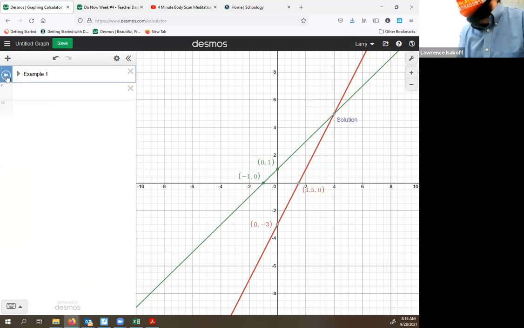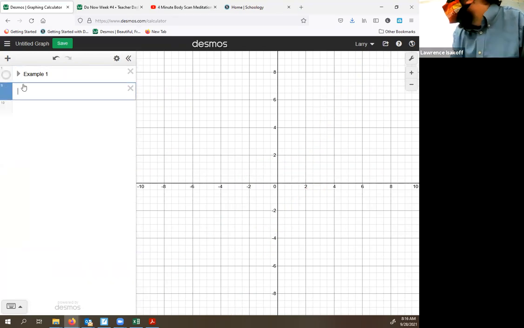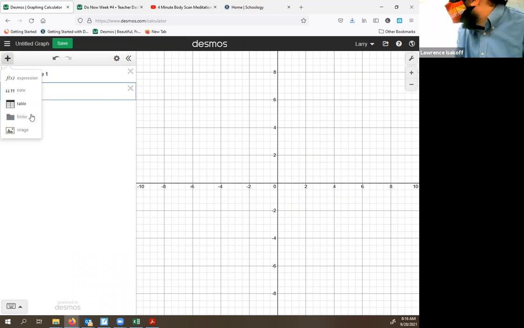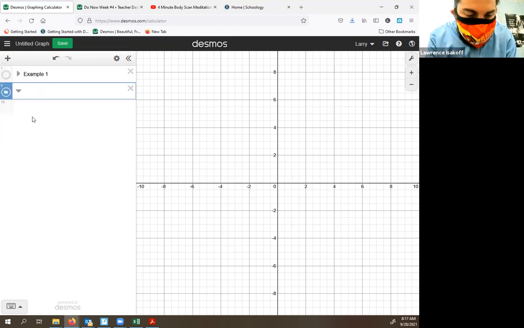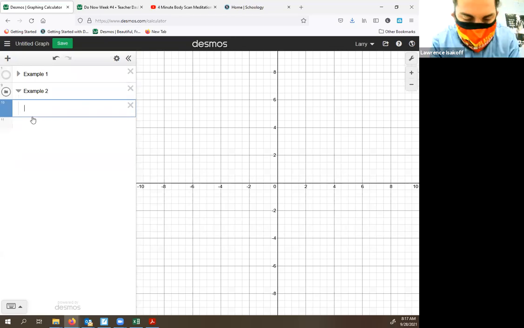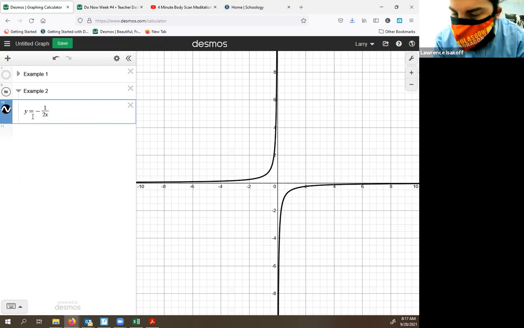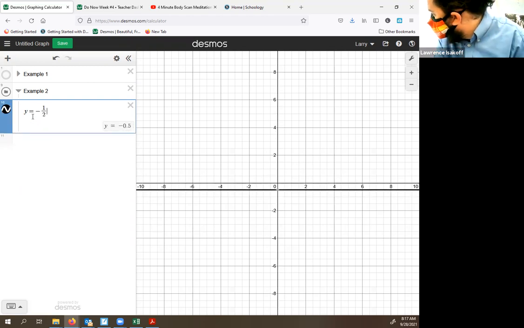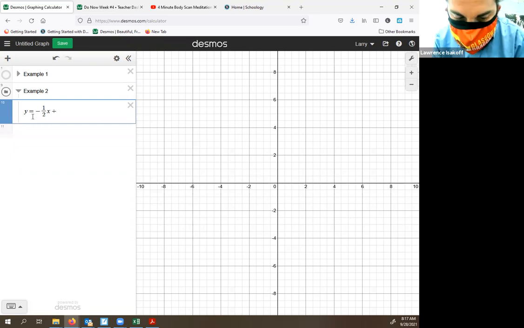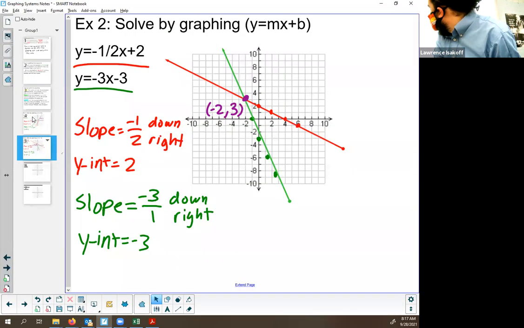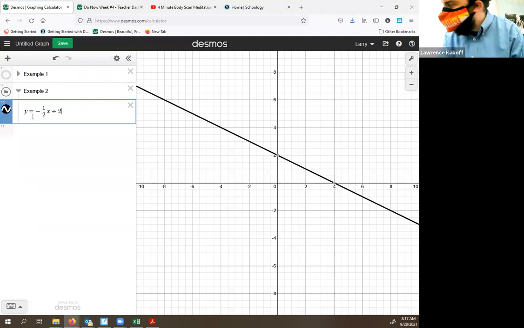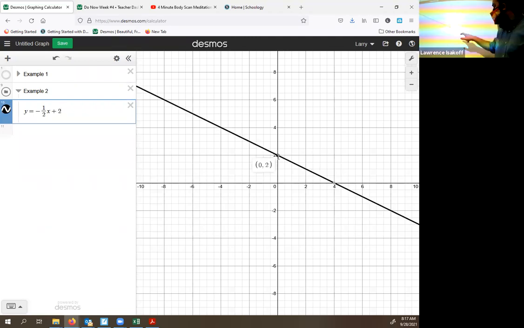So I'm going to collapse this folder for example 1 and turn that off. I'm going to create a new folder for example 2. So inside there, I started with the first equation, y equals -1/2 x plus 2. So there's my first one. I see two critical points here.